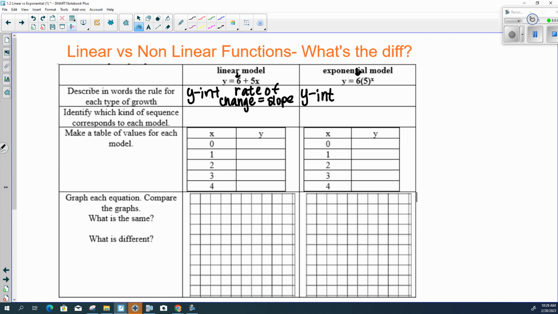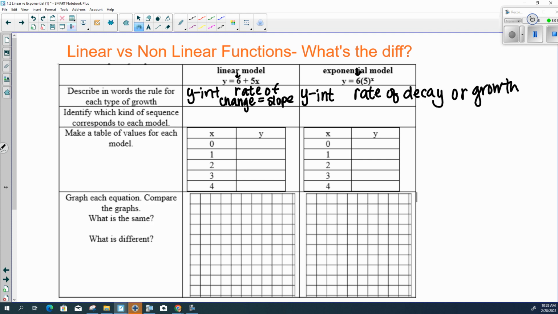The 5 is the rate of decay or the rate of growth, not a slope. And as we've seen over the last few days, it really is rapid decay or rapid growth, whereas the linear model is more gradual. It's a straight line.